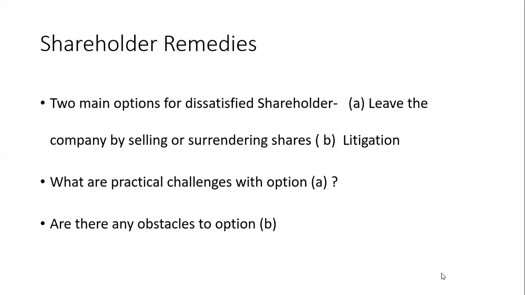One, leave the company. If you leave the company, then you're not part of it, so you go with your grievance, and you don't care what happens in the company. You may do this by selling or surrendering your shares.